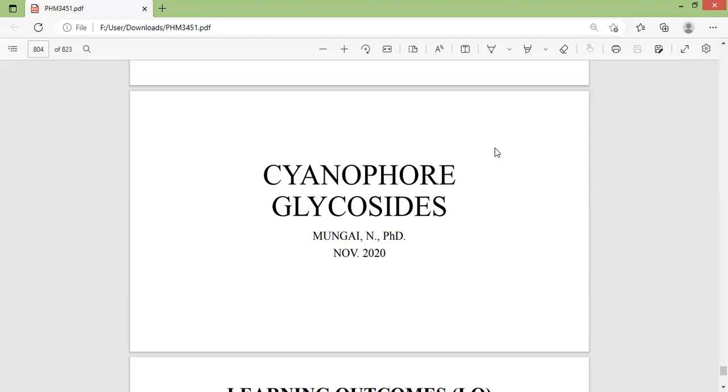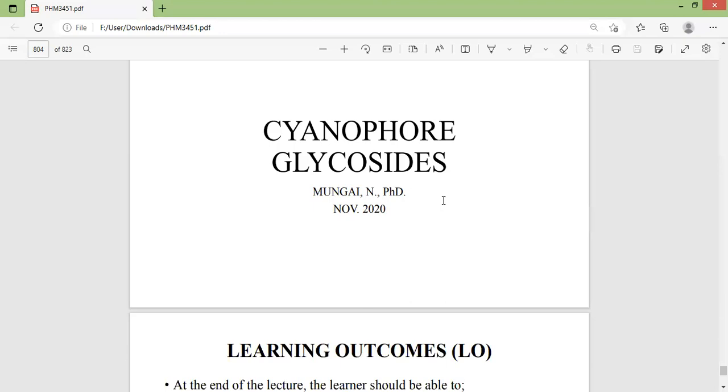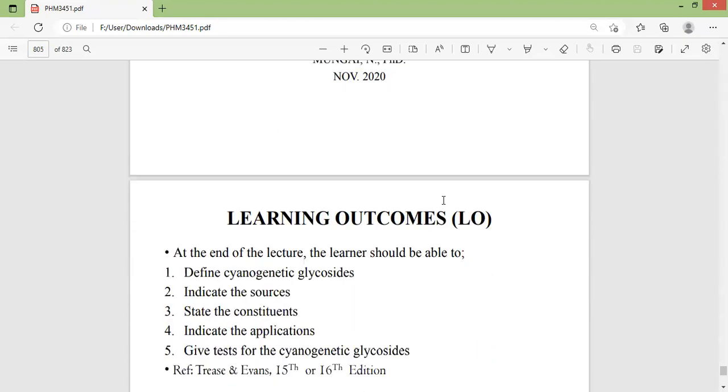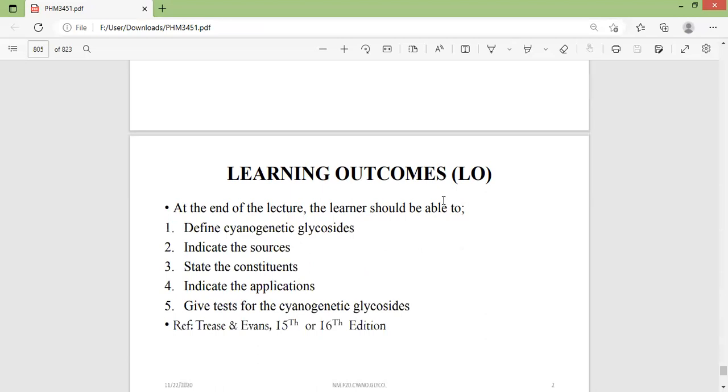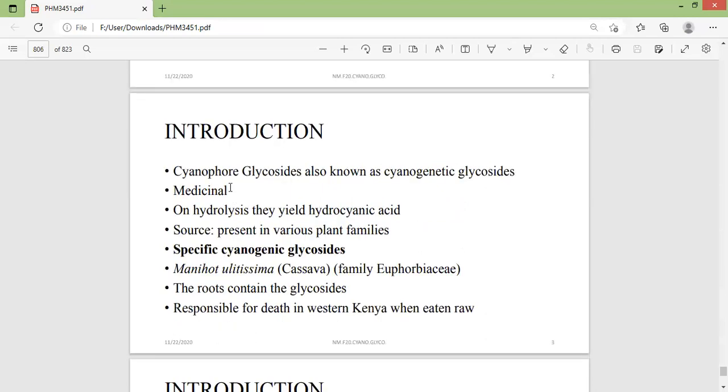Cyanophore glycoside. This one we'll do in less than 5 minutes. The other name for cyanophore glycoside is cyanogenetic glycoside. And once they are hydrolyzed or broken down, they yield hydrocyanic acid.